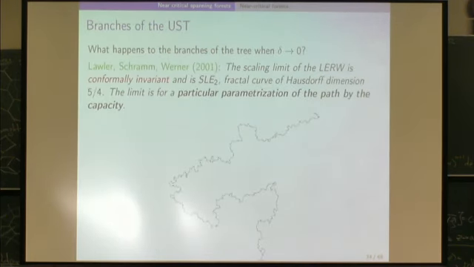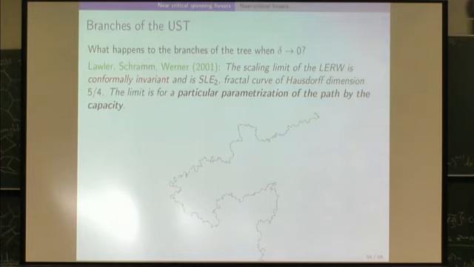So recall that the branches in the uniform spanning tree are distributed like loop-erased random walks, and in fact we have a theorem which says that the scaling limit of the loop-erased random walk exists and is SLE2, which is a fractal curve of Hausdorff dimension 5/4, which was proved by Vincent Beffara.